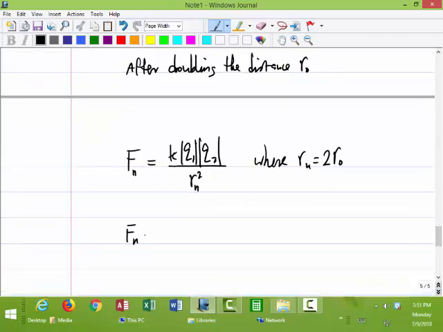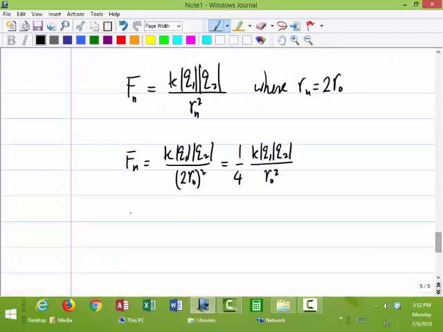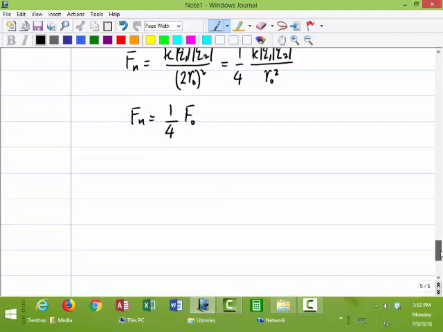So the new force is equal to k Q1 Q2 divided by 2 r subscript 0 squared, which gives us one quarter of k Q1 Q2 divided by r subscript 0 squared. This force F subscript n is just one quarter of the old force. So when we double the separation between the charges, the force decreases by a factor of 4. This is a feature of our inverse square law.